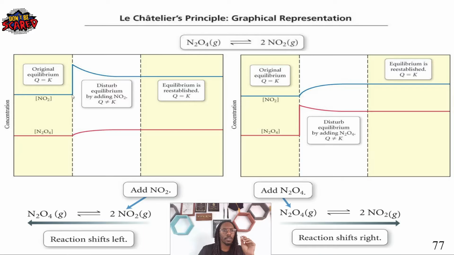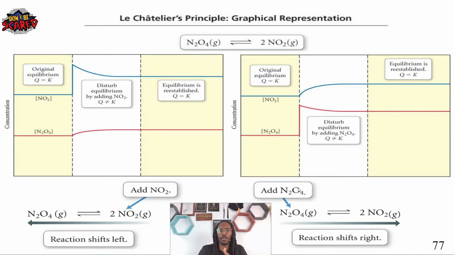We add our product, so what's going to happen? Our concentration is going to go up because we're adding product, which we see here. Because we add product, now our equilibrium is no longer the same. It's going to be different, so we need to reestablish it.